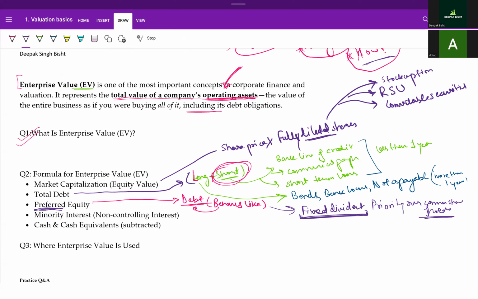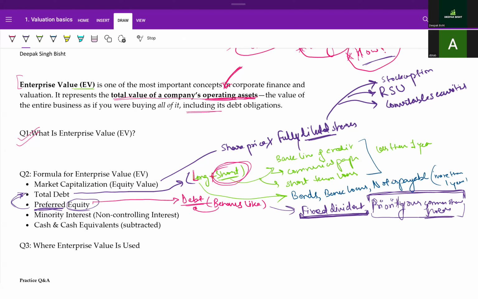And during the time of dilution also, you will have priority over common stockholders in whatsoever is left after selling of the assets. But preferred equity, as the name is equity, the preference will be given to the debt holders first during the time of dilution.